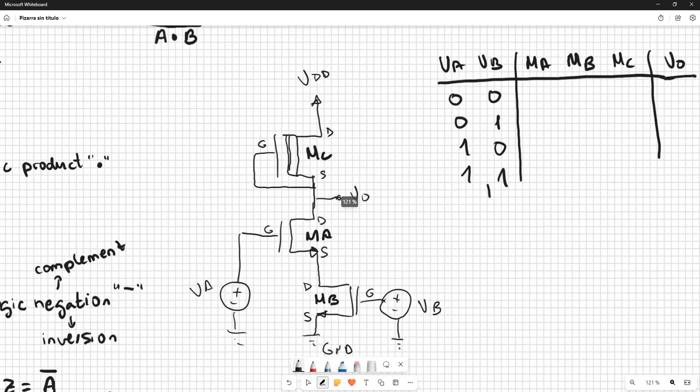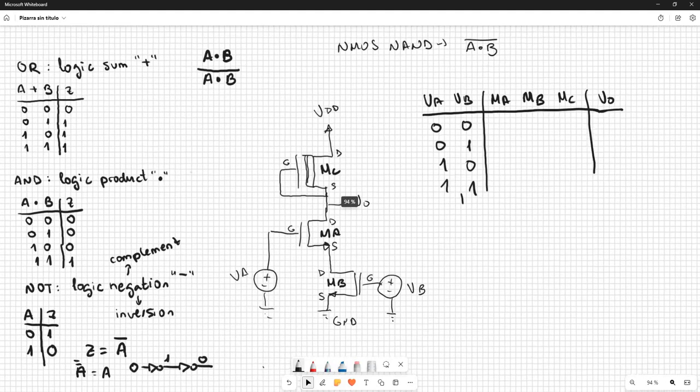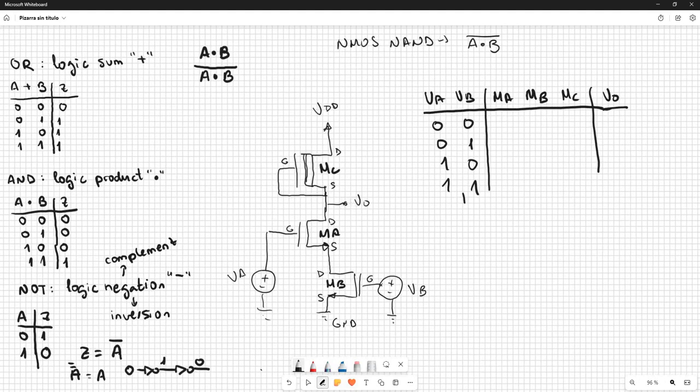Now we are going to check what happens according to these combinations. So the first combination, in the base part, we have 0 in both gates of transistor A and transistor B. We know that when we have a 0 here, they are in cutoff.